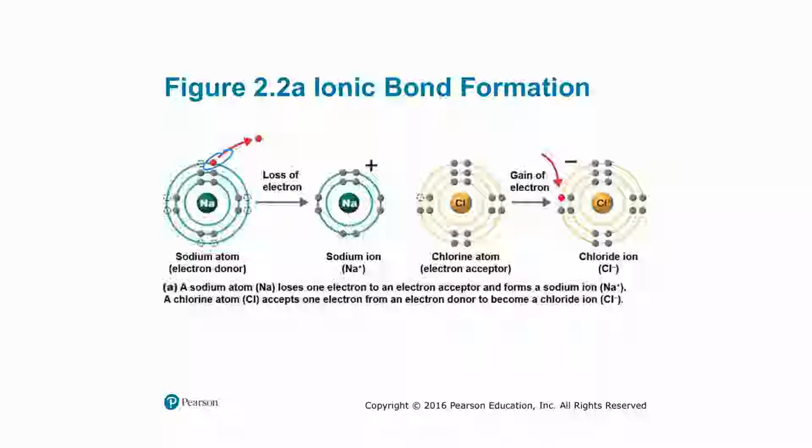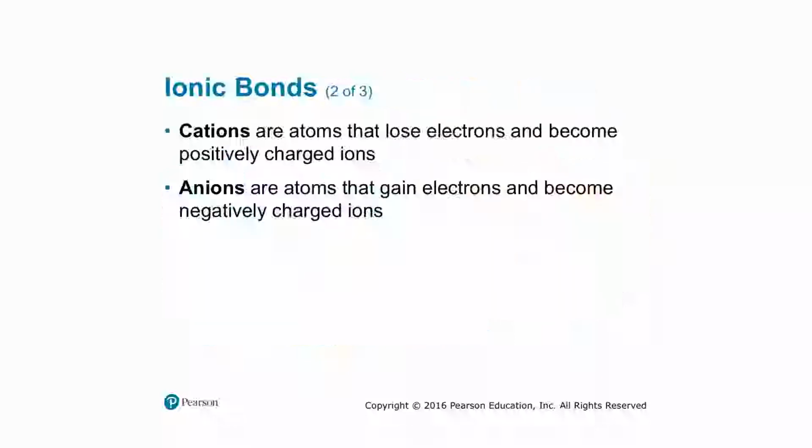Okay, and so that electron in the outer shell is going to be gained by the chloride ion, which is going to have 7 electrons in its outer shell. They want to get to 8, and this is known as the octet rule. And because they want to get to 8, they're going to be electromagnetically attracted to each other. And this is why we get table salt.